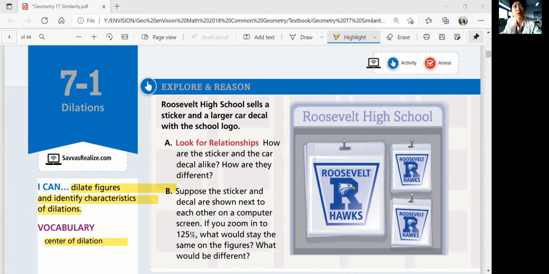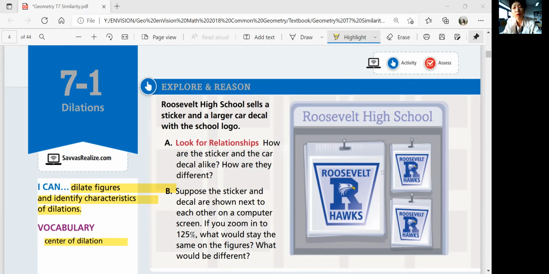Okay. So stickers are the smaller ones and a larger car decal is the bigger one. How are they similar? How are they alike? And how are they different? What do you notice? They look the same, but their sizes are different, obviously.